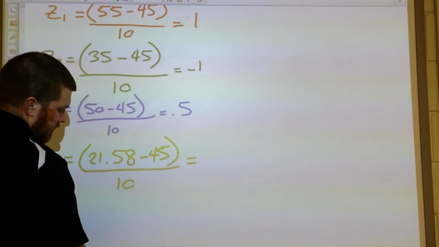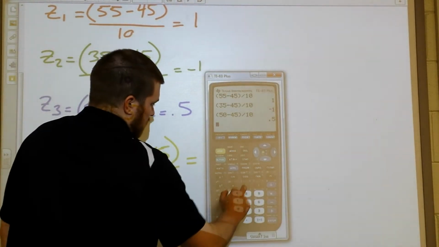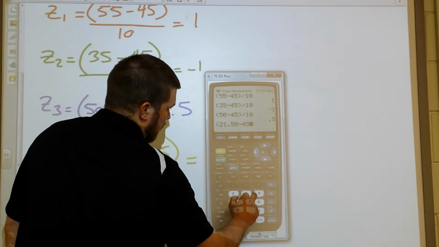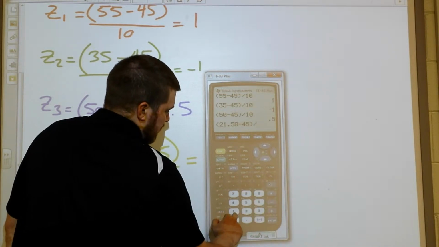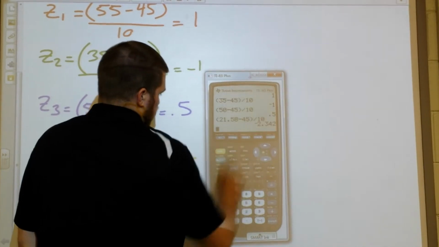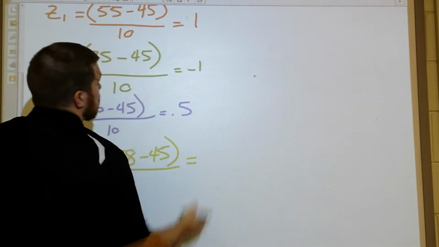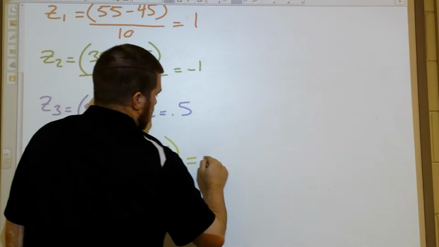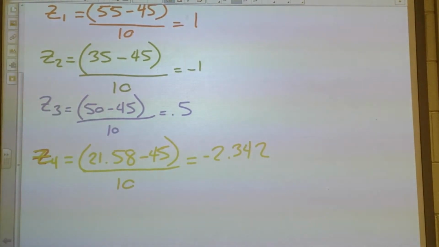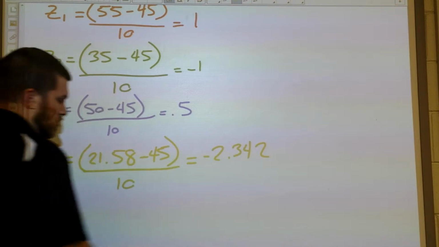Use calculator. So (21.58 - 45) divided by 10, and it's -2.342. Okay, so these are my four standardized scores.